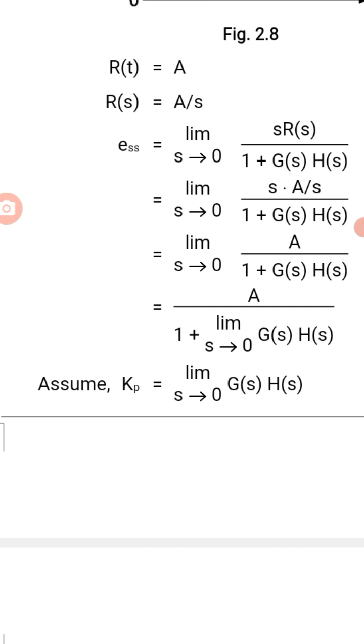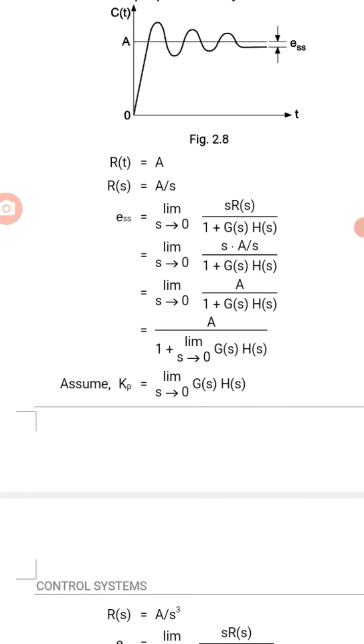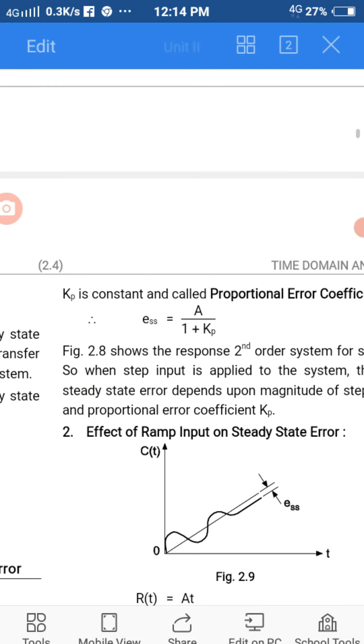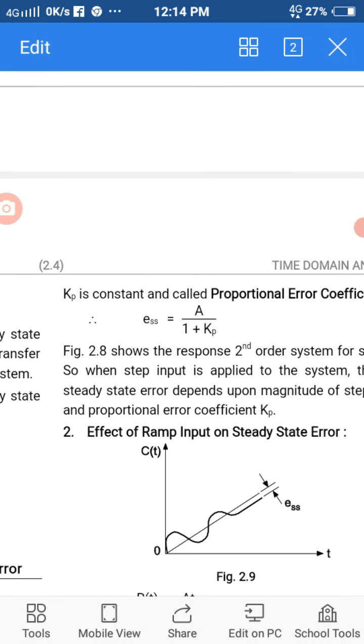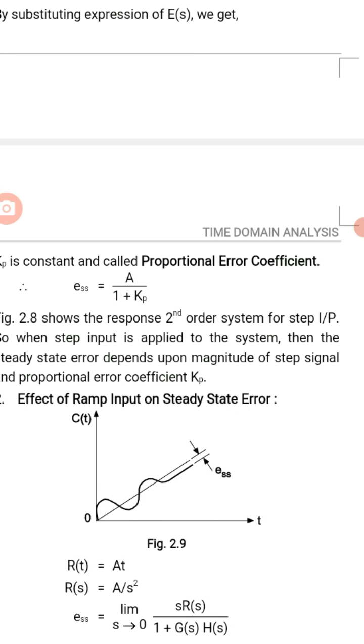So the steady state error is given by A upon 1 plus limit s tends to 0 of G of s into H of s, and Kp, the position constant, is given by limit s tends to 0 of G of s into H of s. Kp is called the positional error coefficient.